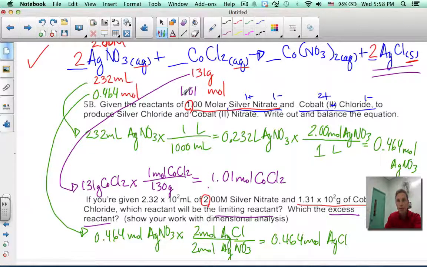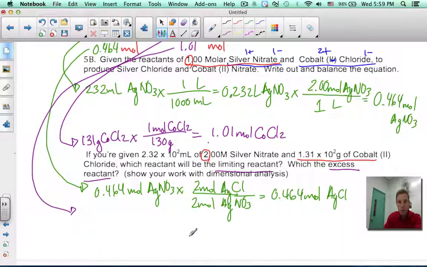Now we're going to figure out if I use up all the moles of the cobalt 2 chloride. So let's take that number of moles of the cobalt 2 chloride and let's calculate it here. It's a 2 to 1 ratio. So my ratio here looks like this: 2 moles of silver chloride for every 1 mole of cobalt 2 chloride.